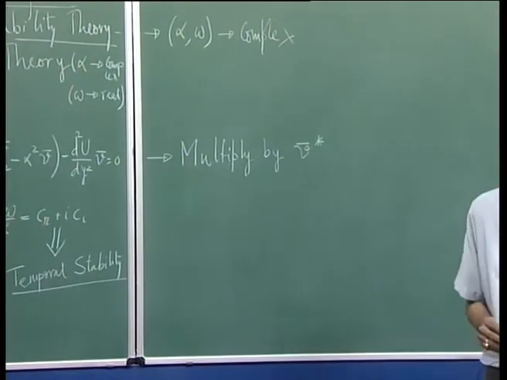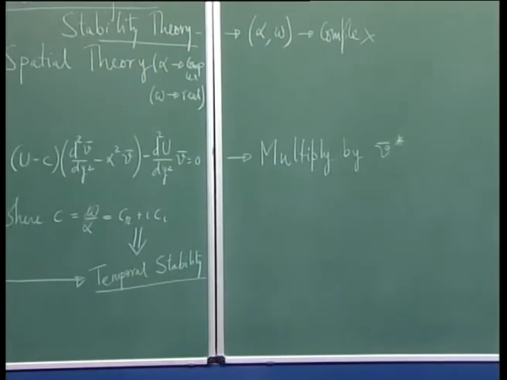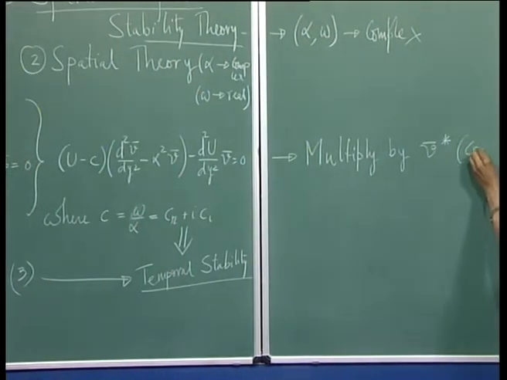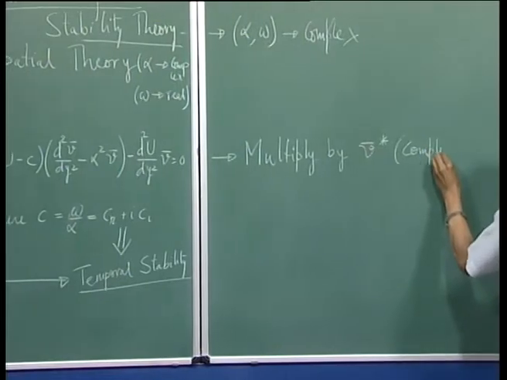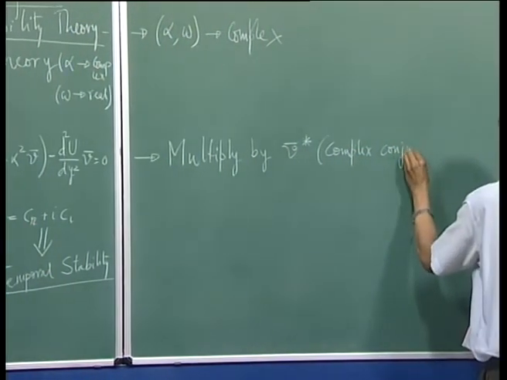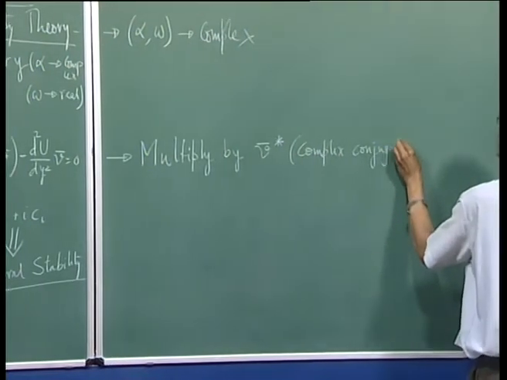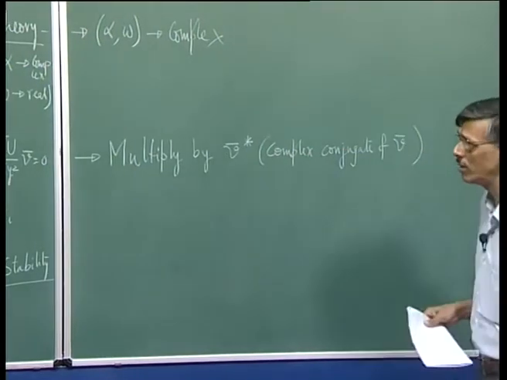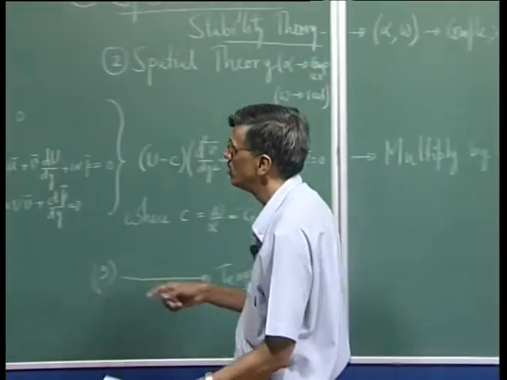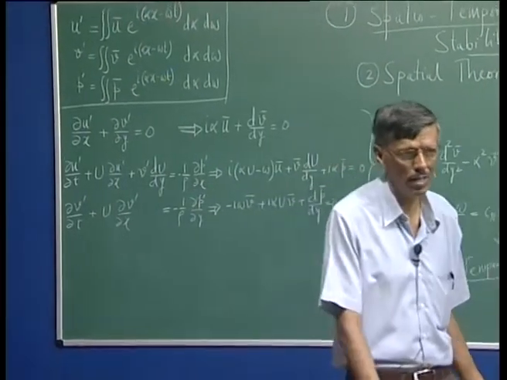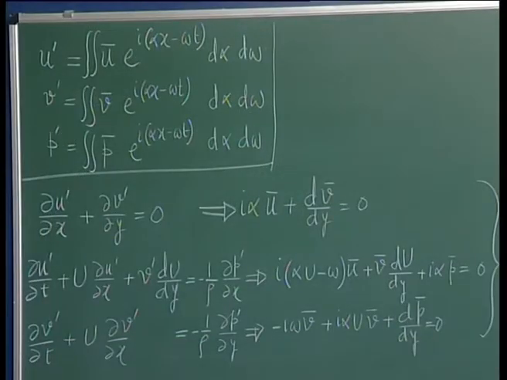What is v bar star? This is nothing but the complex conjugate of v bar. You realize that all this disturbance amplitude would in general be complex, right, in general be complex.